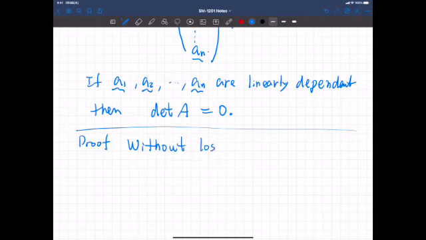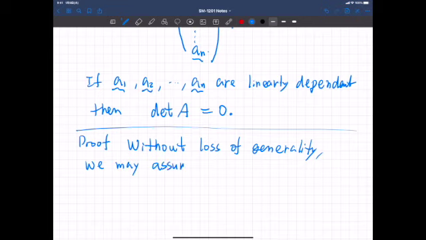Without loss of generality, you should know what you're talking about when you use this phrase. We may assume that An, this last row, is a linear combination of all other vectors.